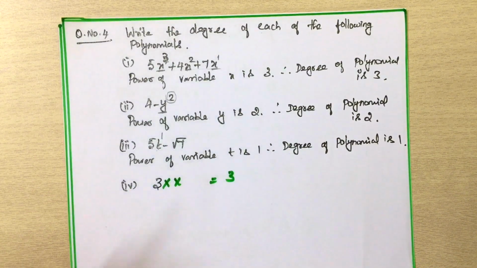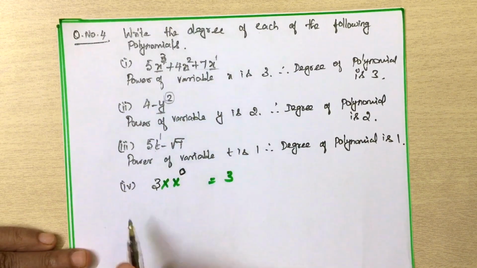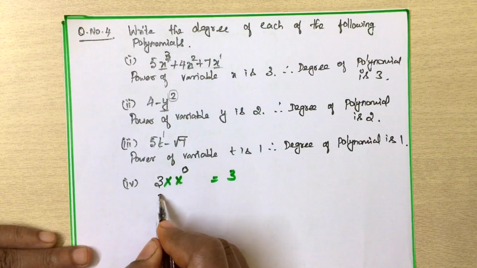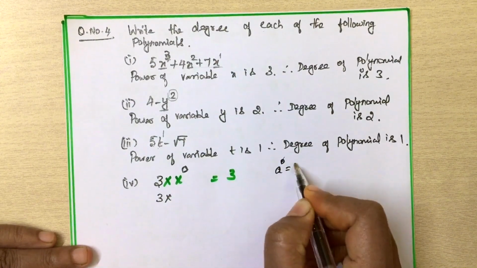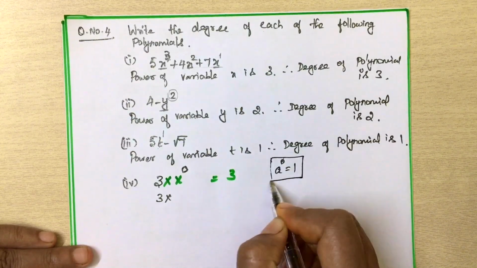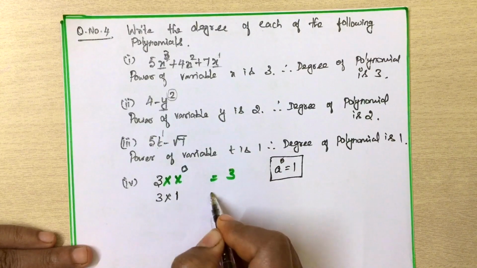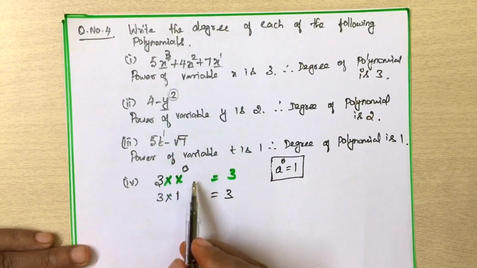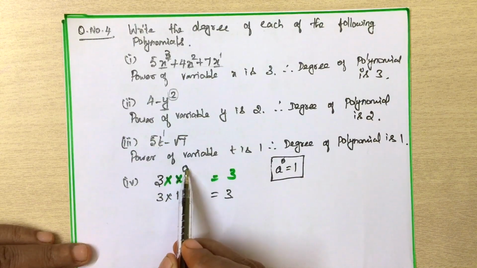I have to get my value, that is only constant is 3. Now what I am going to do is x power, if it is 0. Then what is the meaning? 3 into any number. We studied this in laws of exponents as well. A power 0 is 1. X power 0 is 1, which is equal to 3. Now we can write the degree. Power of the variable. What's the variable here? X, which is 0.